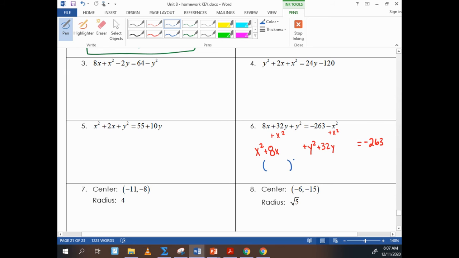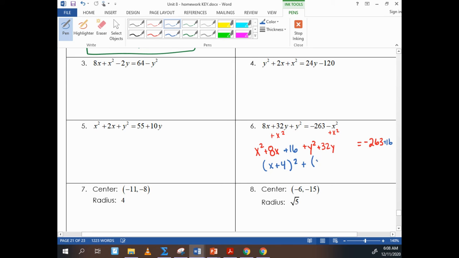All right, let's complete the square. We're going to make a binomial squared out of this, soon to be trinomial. Remember, we take our middle term, just divide it by 2, so it's going to be a +4. So when I square x plus 4 times x plus 4, 4 multiplications later, I get x squared plus 8x plus 4 times 4, or 16 right there. So we're going to add 16 to this side.